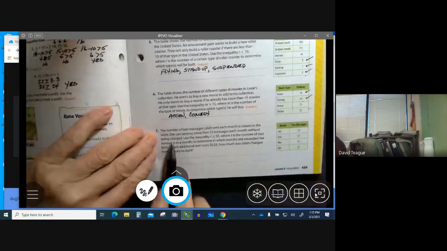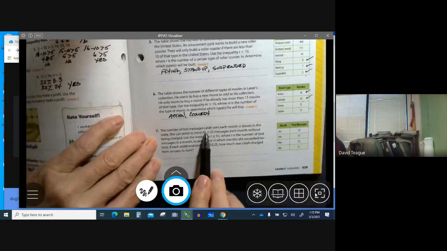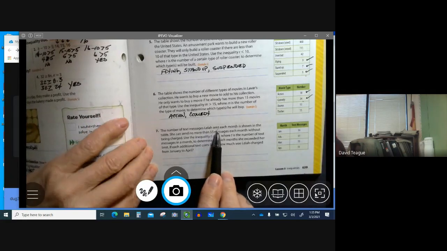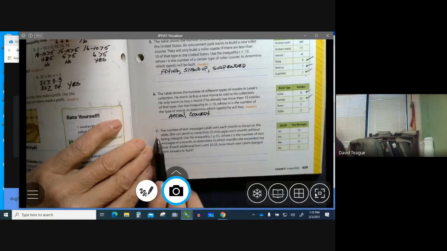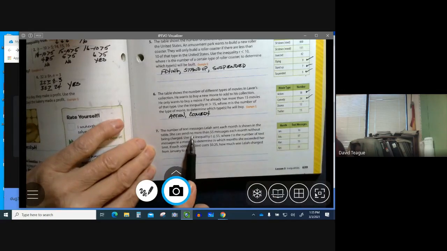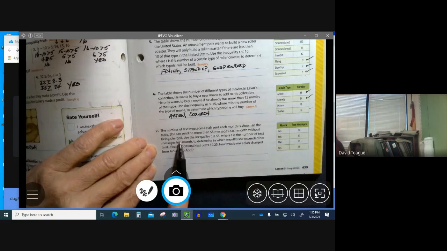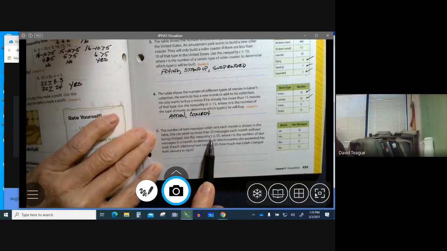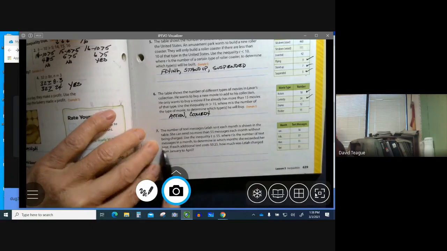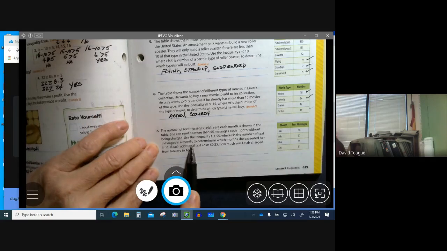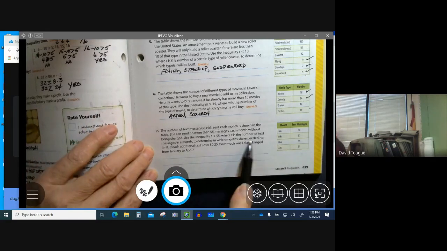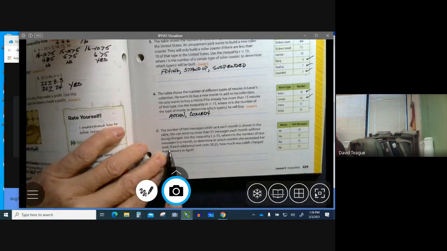Number 7, the number of text messages Leela sent each month is shown in the table. She can send no more than 55 messages each month without being charged. Using the inequality T is less than or equal to 55, where T is the number of text messages in a month, to determine in which month she exceeded her limit.